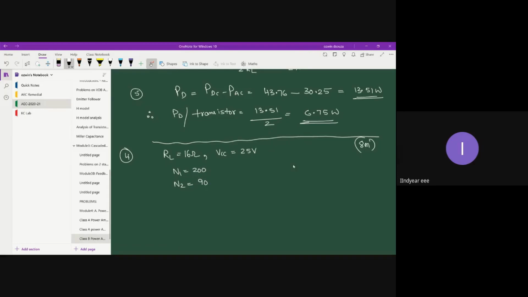Calculate maximum power output, say P0 AC maximum. Efficiency.